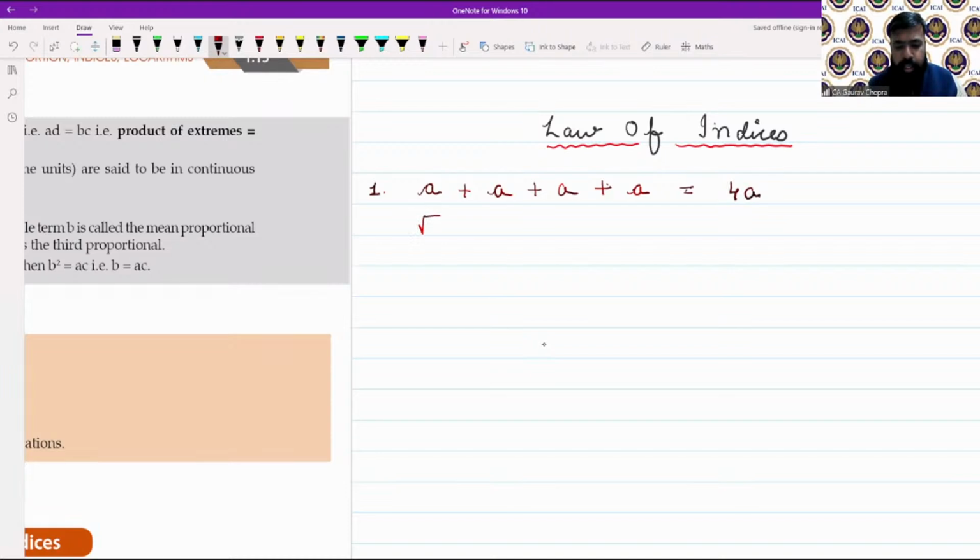Similarly, if we are adding root x, root x, root x, we are adding root x 3 times, so it becomes 3 root of x.